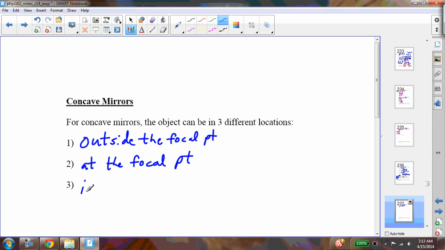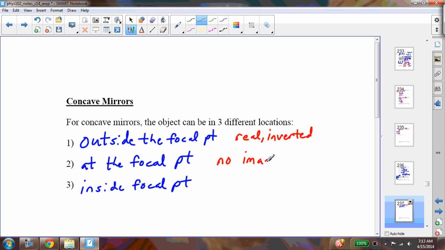Or it can be inside the focal point. And in these, you'll get different images for each. If it's outside, it will be a real inverted image. That was like the previous one I drew. We'll see these in the ray diagrams. If it's at the focal point, there will be no image at all.